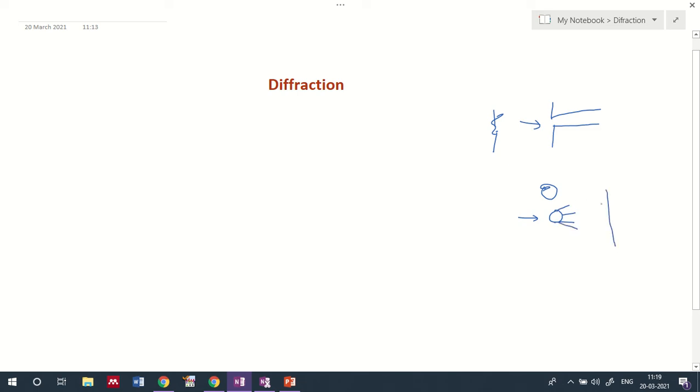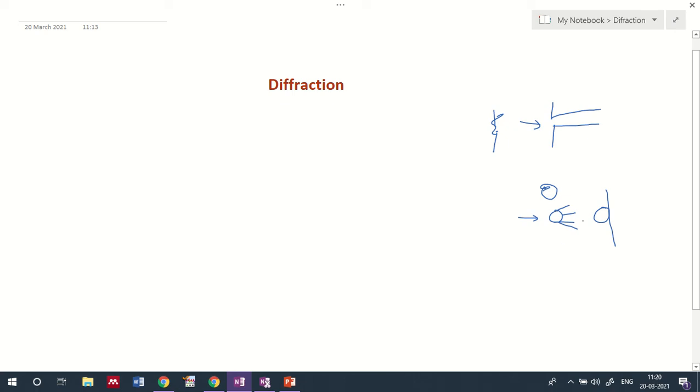Correspondingly, you will observe an image over here. There will be no light on this round portion, because the light is getting bent at this position, so you get an image of a shadow on the screen. That is what happens in diffraction.